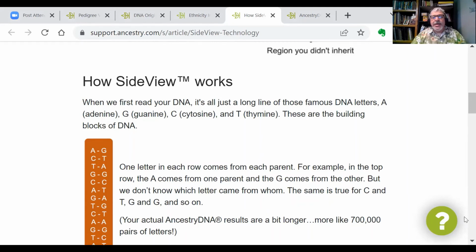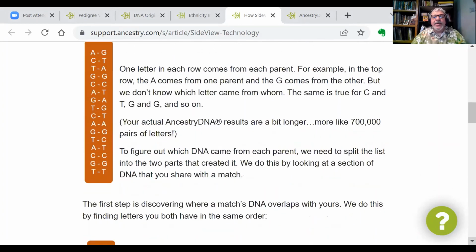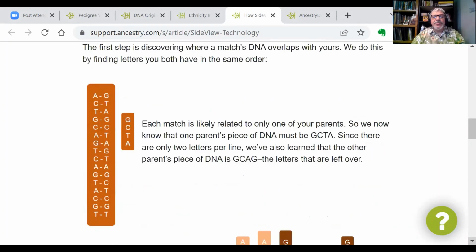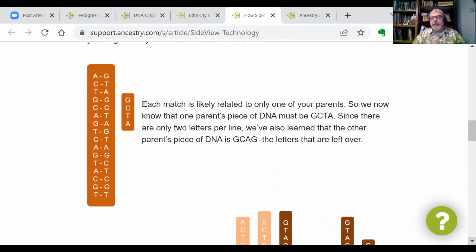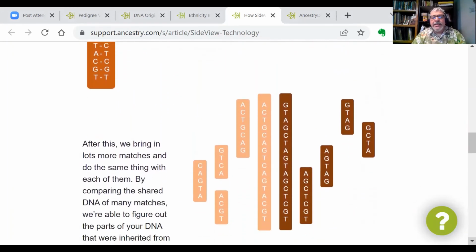Your actual ancestor DNA results are a bit longer, more like 700,000 pairs of letters. So basically what they do is they split these apart and they figure out this is coming from one parent and this is coming from the other. Again, they have no idea which parent it's coming from. Apparently they can't figure out male and female through these lines. These are just the stuff that you inherited from your parents.